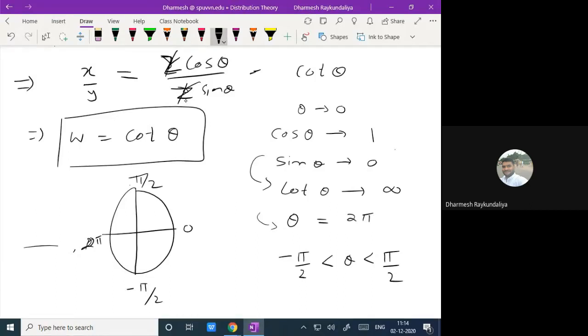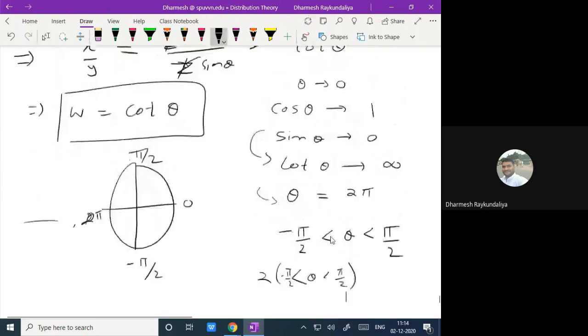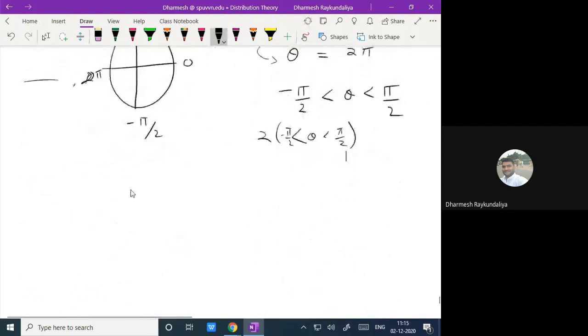So if you divide this circle in two parts, can I write the range as twice of minus pi by 2 to pi by 2? At minus pi by 2, cot is minus infinity, and at pi by 2 it is infinity. So you can have minus infinity to infinity. That means the range of w is from minus infinity to infinity.